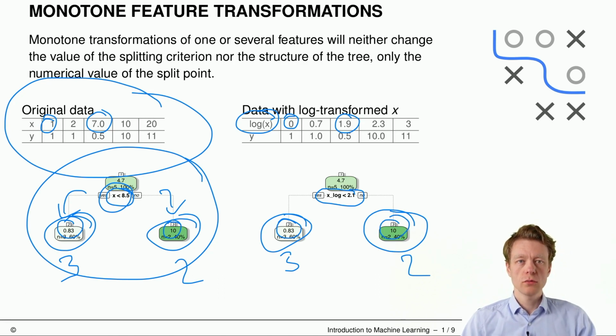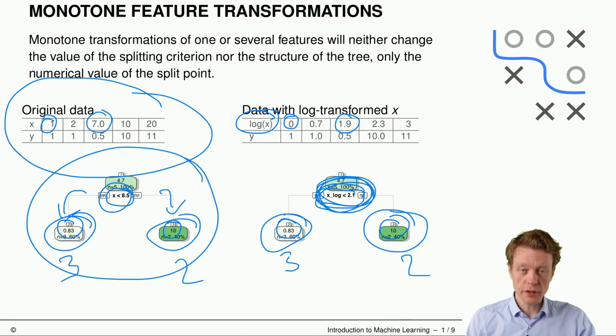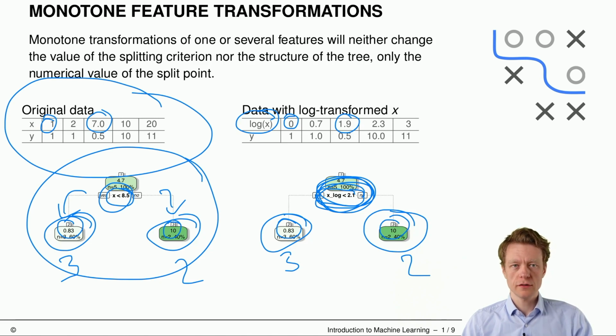So monotone transformations of the features do not really affect the tree. It's just the numerical value of the split point that changes. Important, this only holds for feature transformations. Monotone transformations of the target variable can have significant and relevant impact on the tree structure.